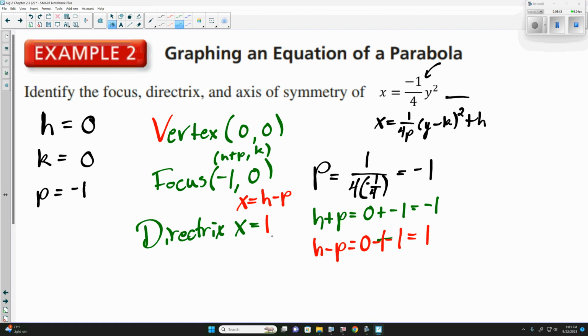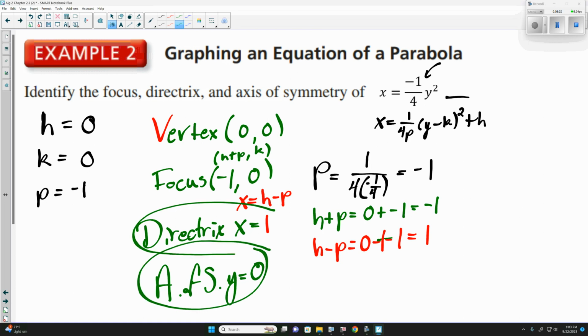So the equation is x equals 1. And lastly, the axis of symmetry is y equals k. Well, the k value is 0. That's it.